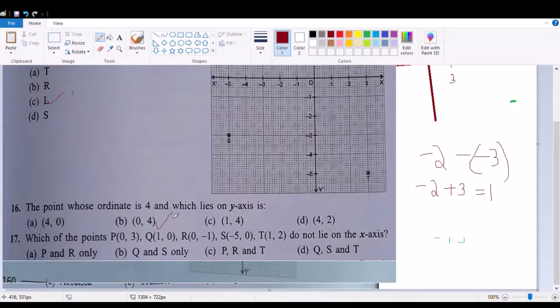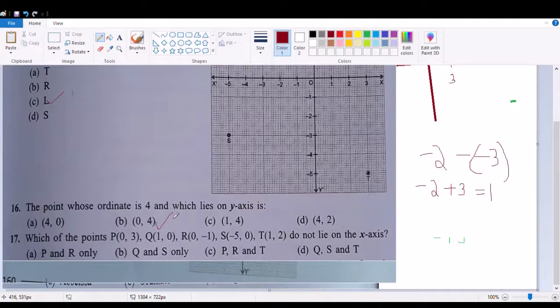Which of the points P(0, 3), Q(1, 0), R(0, -1), S(-5, 0), T(1, 2) do not lie on the x-axis? Do not lie on the x-axis means if a point lies on the x-axis, its y coordinate is 0. That is the condition, is it?